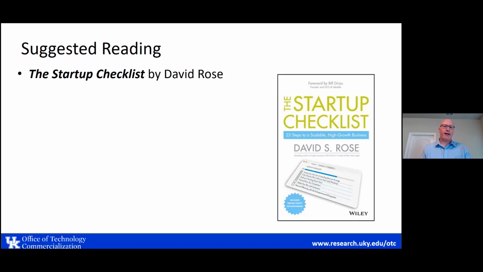But as I said earlier, what often happens is we go out and approach corporates with the technologies, and they say, this is interesting, but it's too early. We really need a number of things done in order for this to be something that we can invest in as a licensor.